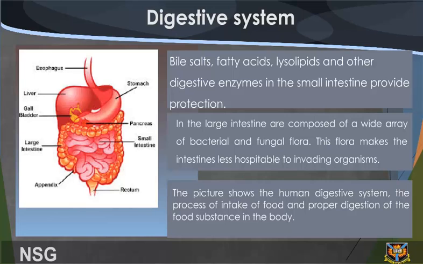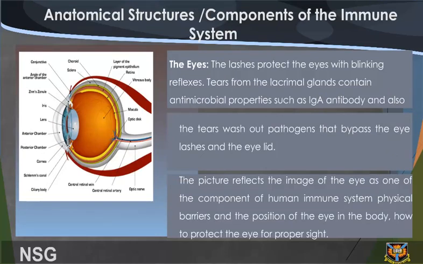The large intestine is composed of a wide array of bacterial and fungal flora. This flora makes the intestines less hospitable to invading organisms. The picture shows the human digestive system, the process of intake of food, and proper digestion of the food substance in the body. See picture.